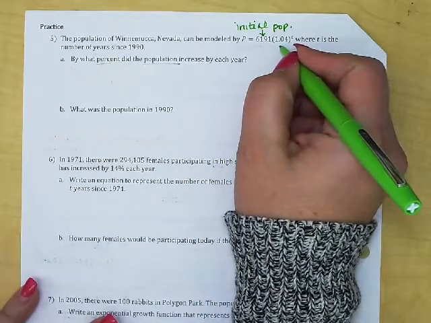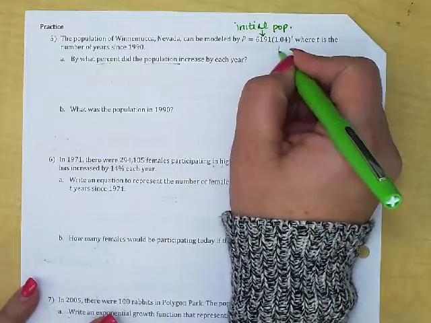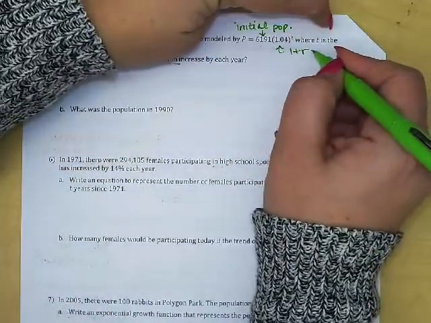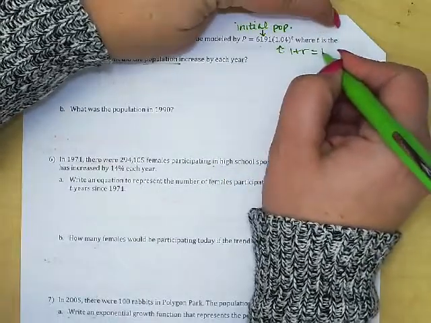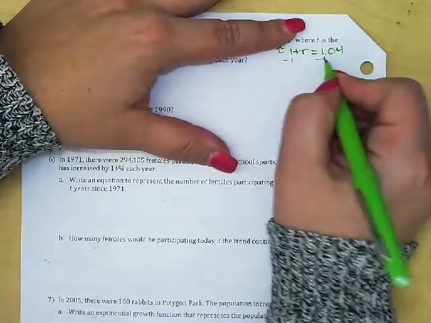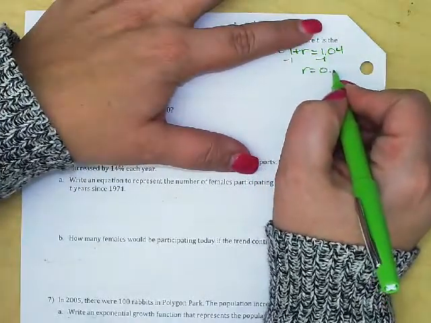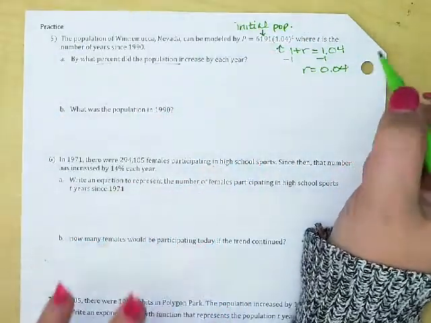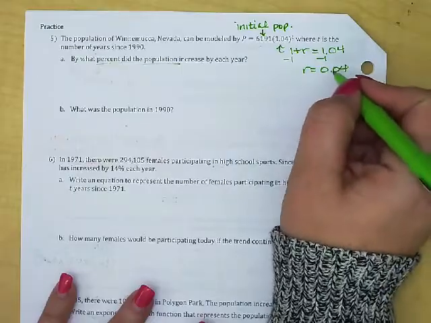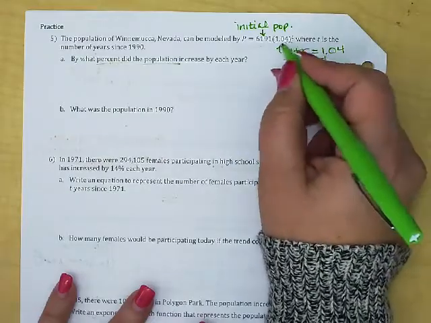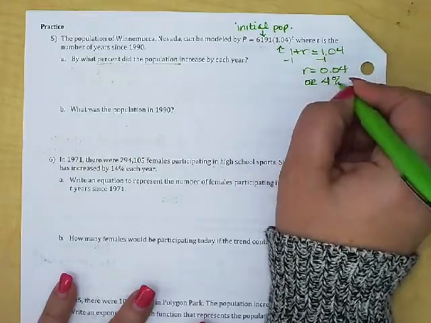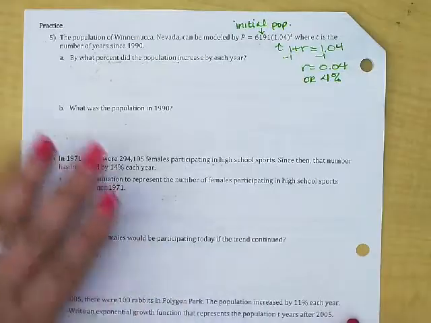But then this growth factor is really 1 plus R. Okay, so now what I want to know in part A here is what is R. So if I set that up and think about the decimal part that was added to the 1, I can see that R was that 0.04 that I see after the 1 there, which means 4%, right? So if I get 0.04, which is the part that was added to 1 here, that means that it is 4%. So that allows me to answer this question over here.